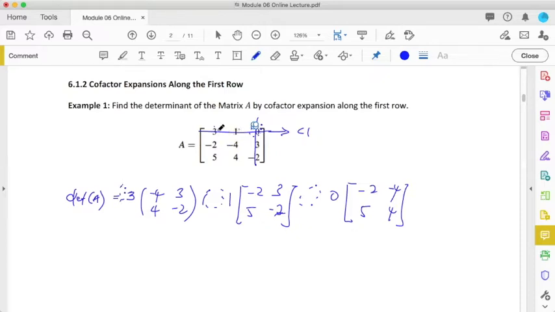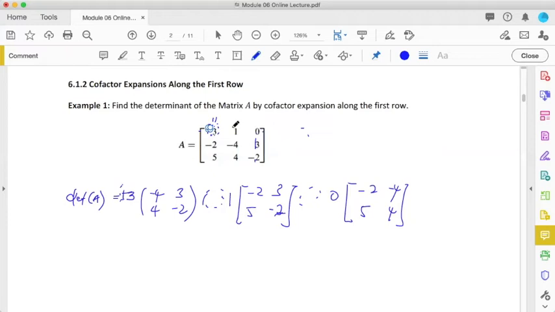Okay, so you can use the matrix of sign patterns where for coefficient 3, let me erase that one first. For the coefficient 3, the position is 1, 1. So if you add them, they will give a positive sign.